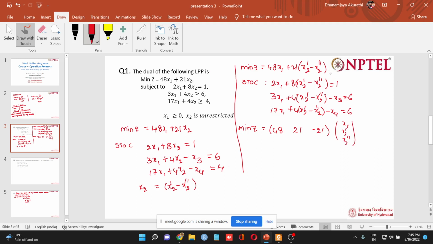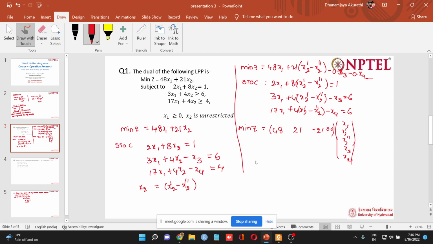But here we had added the surplus variables. So in the objective function, the surplus variable coefficients would be 0, for x3 and x4. This would be the standard form. So here we add two zeros for the two more surplus variables. So this is the column matrix and this would be the row matrix. It is the matrix representation for the objective function.